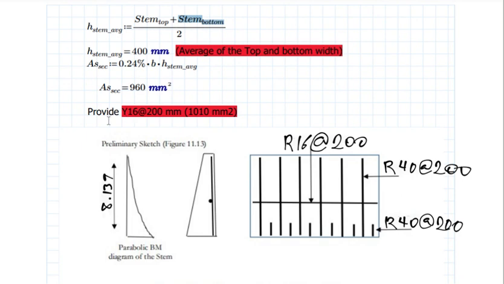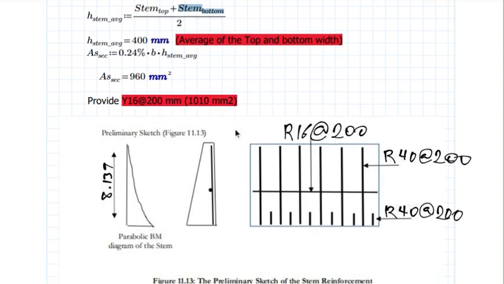We are providing Y16 at 200, which is just enough to conform with the code. This is not resisting anything, just to distribute the load efficiently along the span of the retaining wall stem. So that area gives us 1010 mm squared.